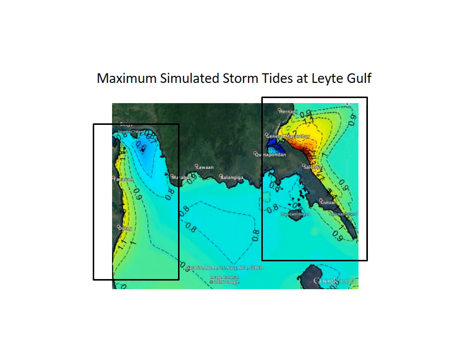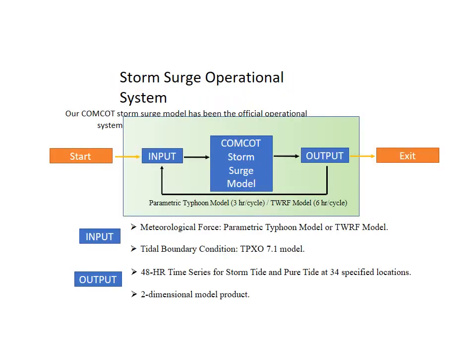You can see the water rising in these regions because of the pressure gradient, because the pressure gradient in the deep water is significant. But when the typhoon center is closer to the coastal regions, the wind shear stress becomes significant.